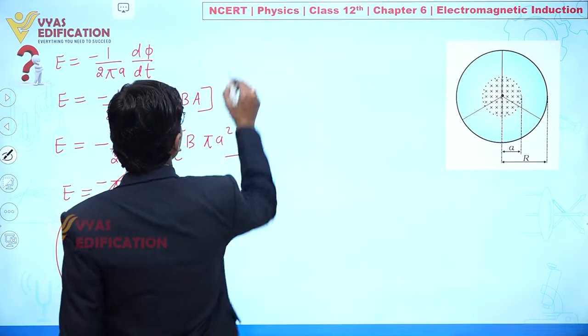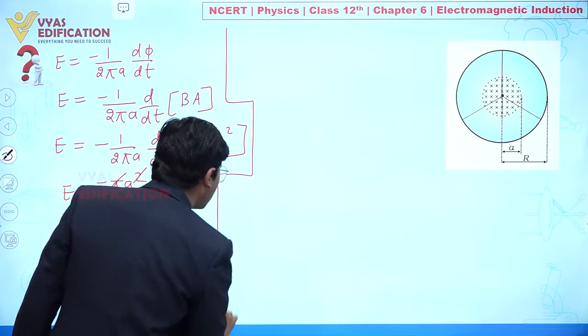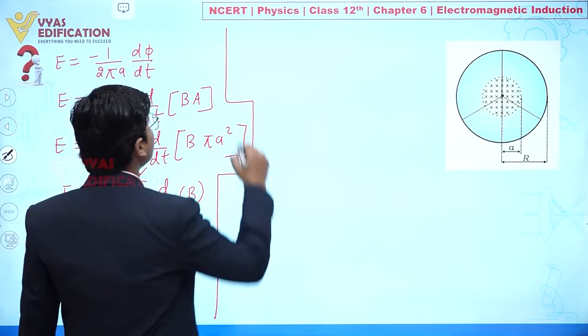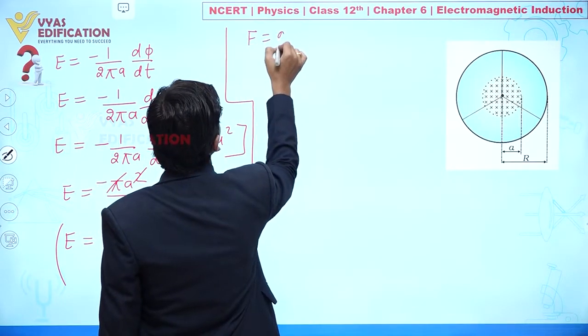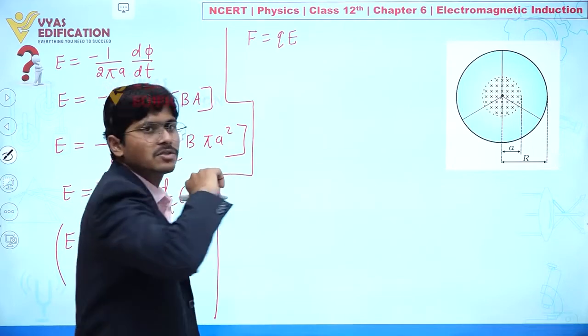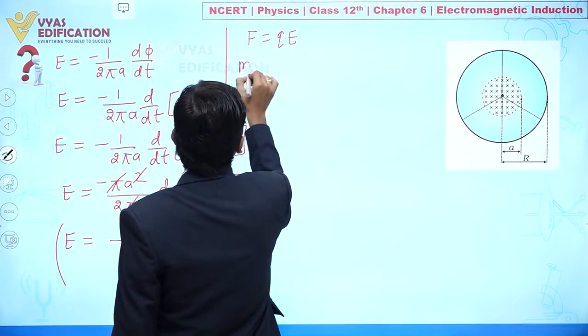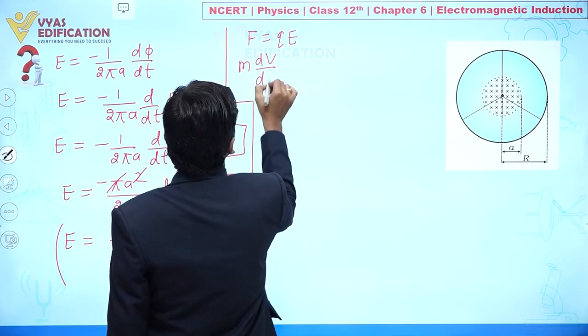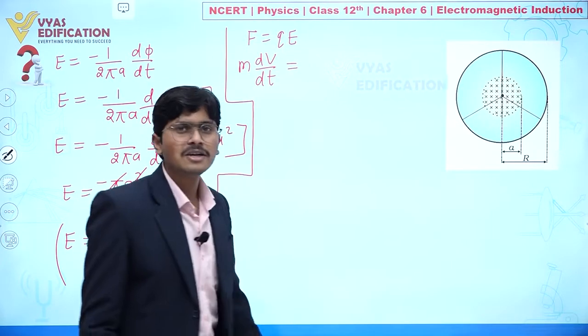Now we know one more formula: if we have an electric field, the force is given by qE. The force can also be written as m dV by dt, because our objective is to calculate omega.